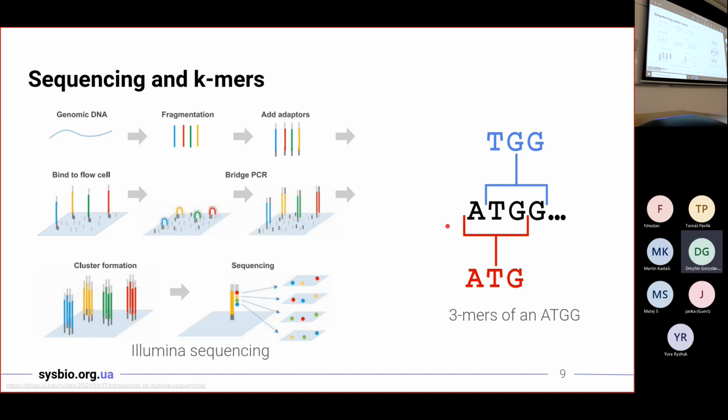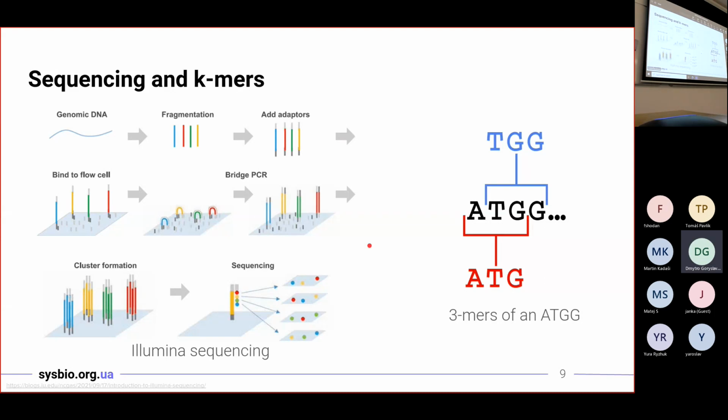After sequencing we get lots of DNA sequences, and they are split into K-mers in order to operate more efficiently, because operating with fixed-size K-mers is easier than operating with the resulting sequences. Also, operating with a set of these K-mers is faster and easier. So the K-mer approach is widely used in lots of algorithms.